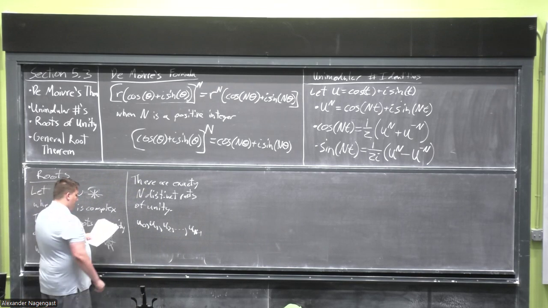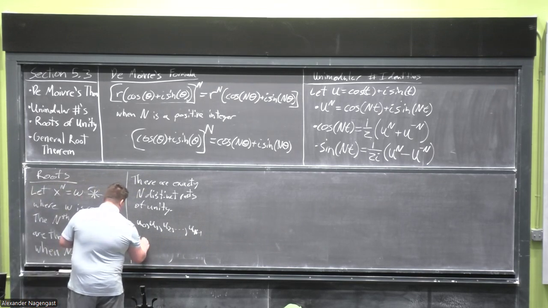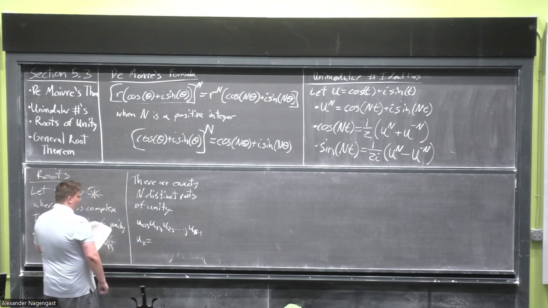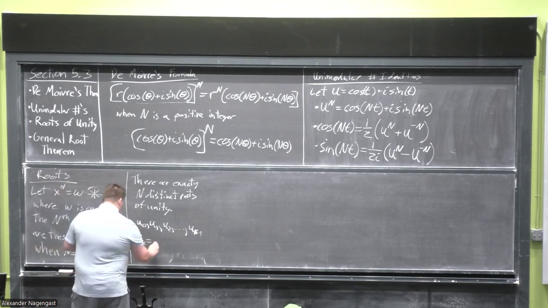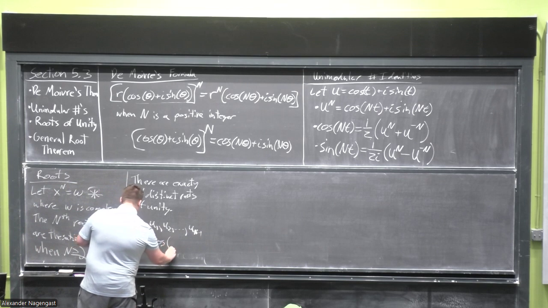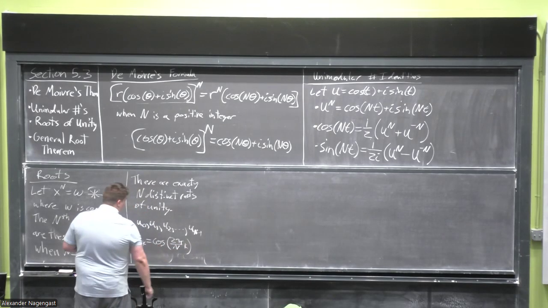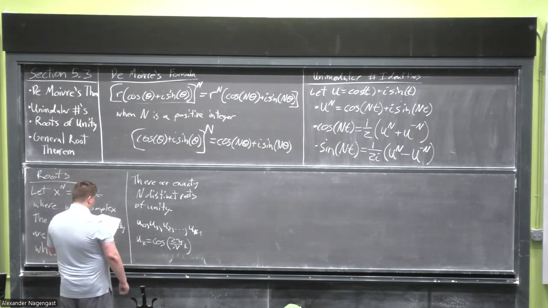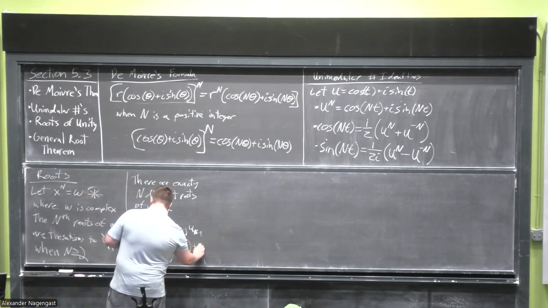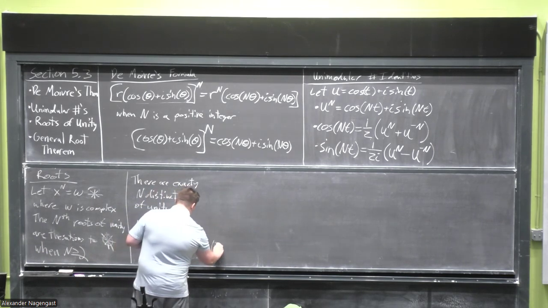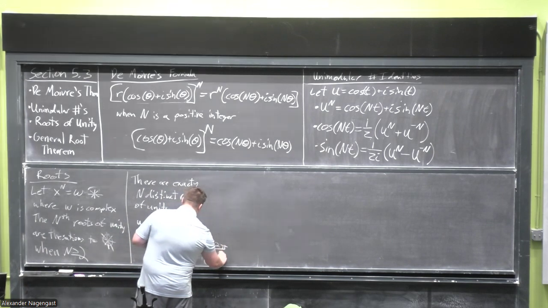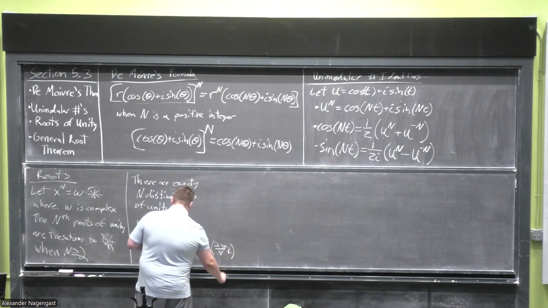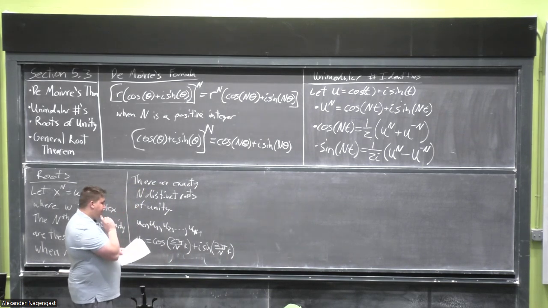And we'll write that any such root of unity is equal to cosine of 2 pi over n times whatever particular root that we're interested in, plus i sine of 2 pi over n times k.